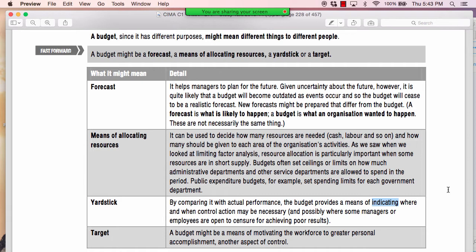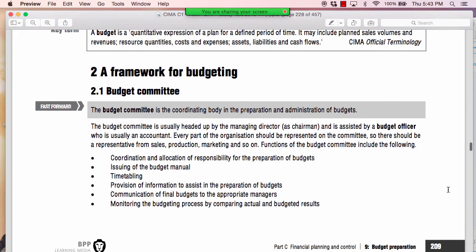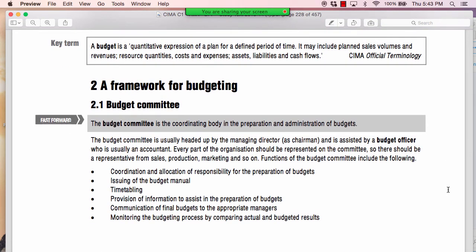And it would also be a forecasting tool where managers are told, this is the kind of forecast that we are planning, this is the kind of activities that we think are going to happen in the next 6 to 12 months, and allow people to prepare for this. And also allocating certain resources. Resources means people, machines, money, these types of resources. Now, what is the framework of budgeting?